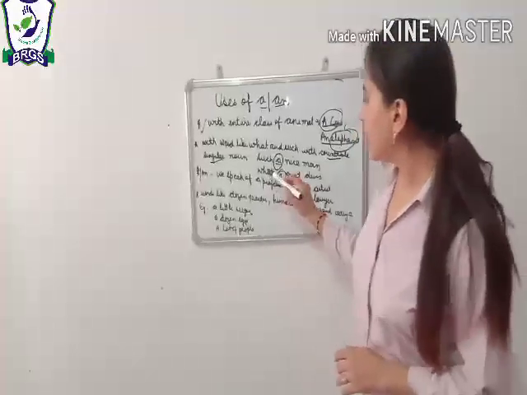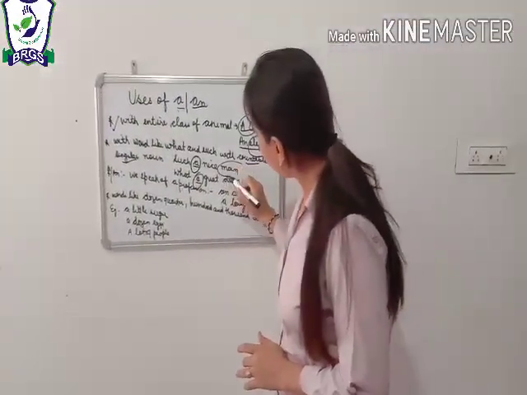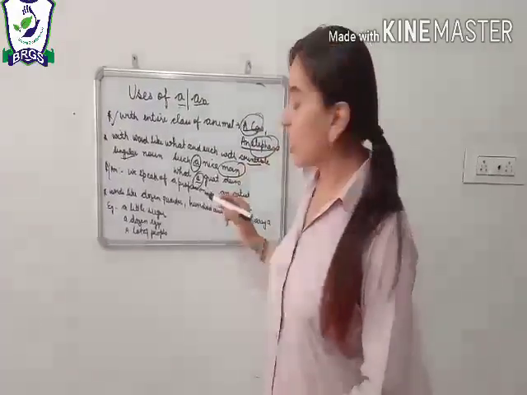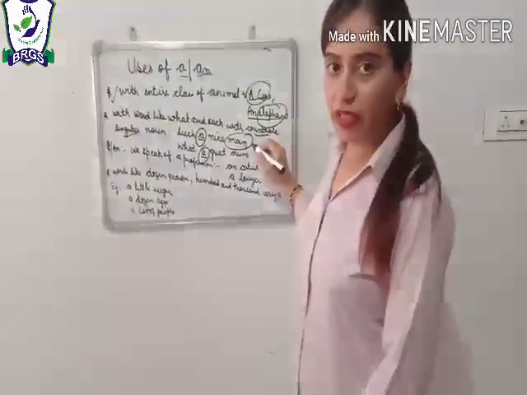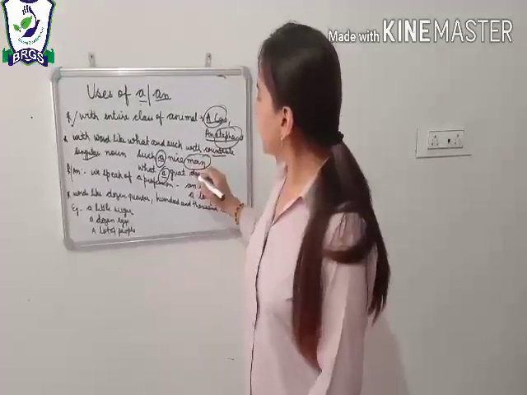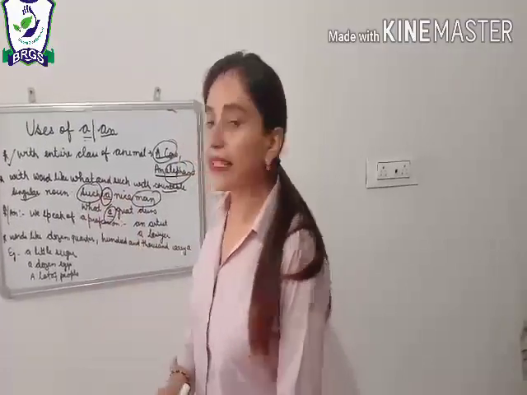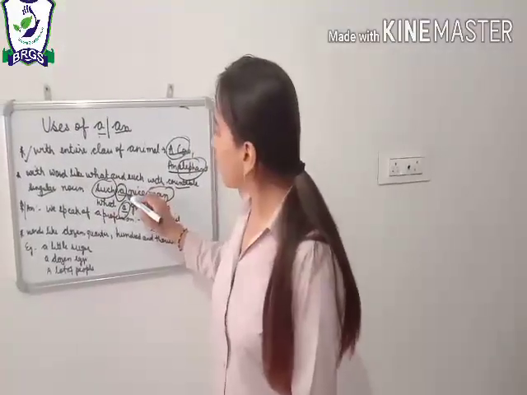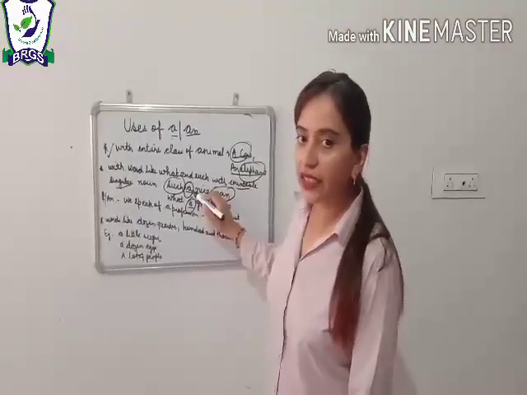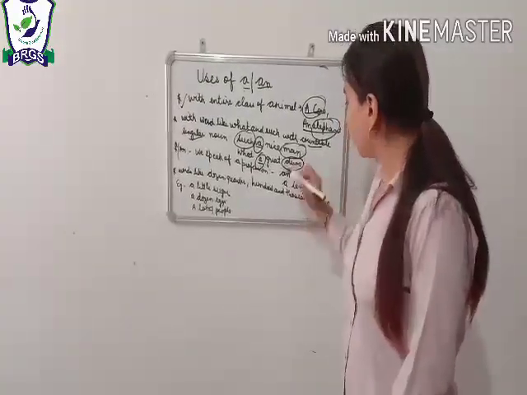For example, such a nice man. Here man is a noun, a countable noun, and a singular noun. But when this countable singular noun is used with the word such, we are using article a.